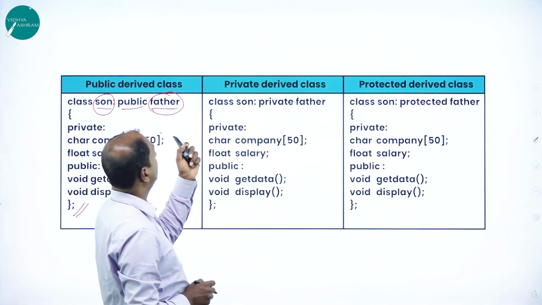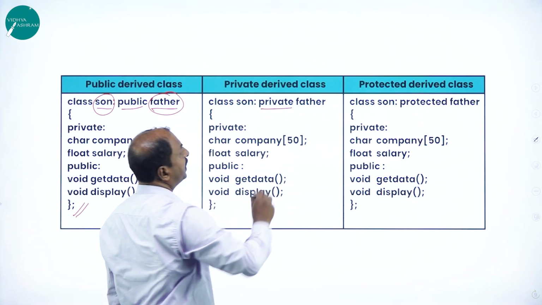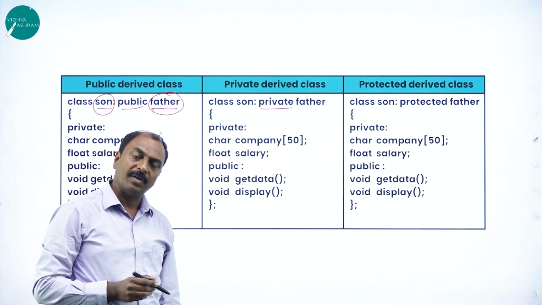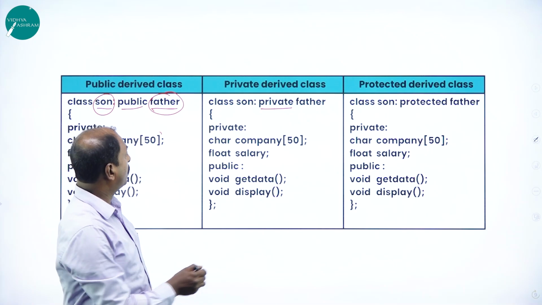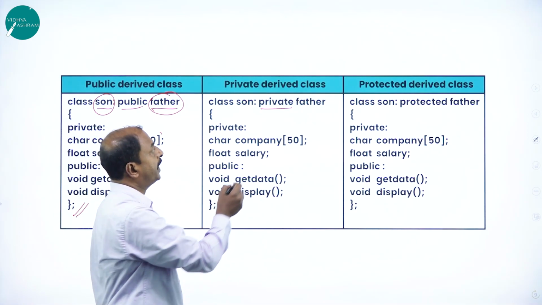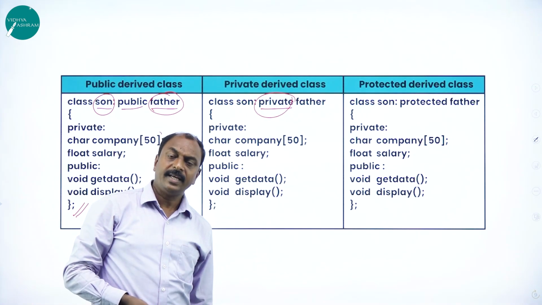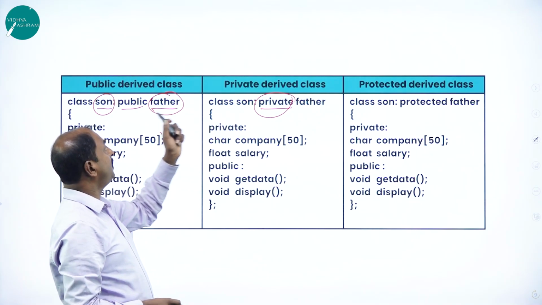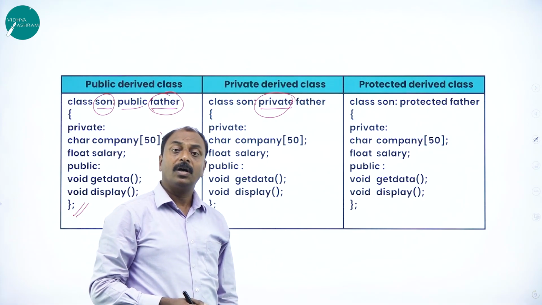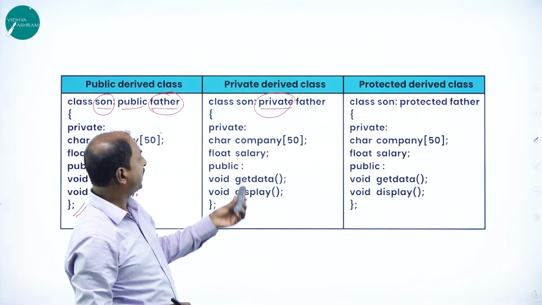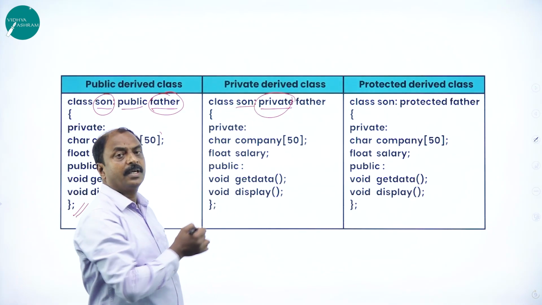Now look at the same thing with the private derived class. Here it is the same class, this is private derivation: we derive the class with private visibility mode. Everything remains the same, and the only difference is the visibility mode. In the next slide we are going to learn the difference between private, protected, and public inheritance. This is another example: son is a derived class that ends with a semicolon.